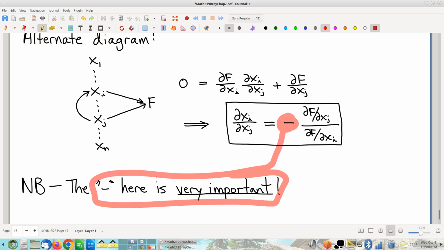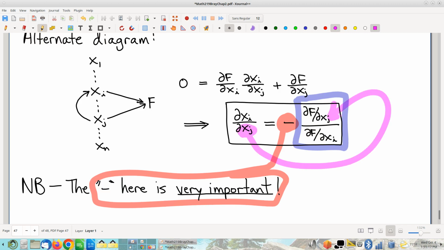So minus sign first. And then just write down what we've already established is the naive wrong answer, right? So we know it's going to be a couple of partials of f. So whatever is in the denominator is the denominator of your numerator, and whatever is in the numerator is in the denominator of your denominator, right? And again, just pretend that they're fractions, which of course they're not, right?